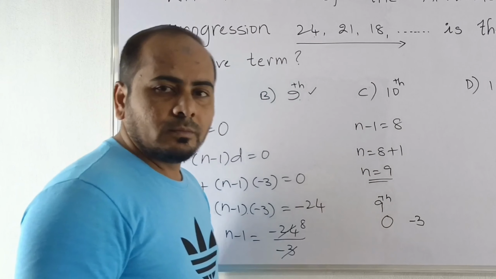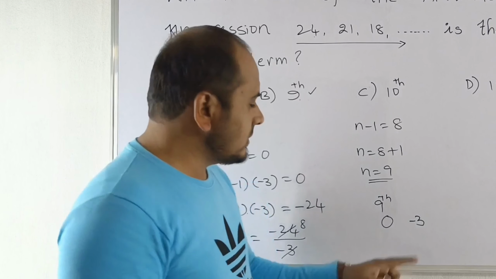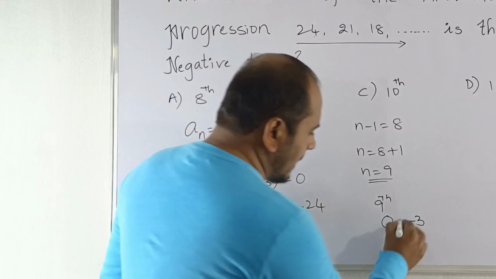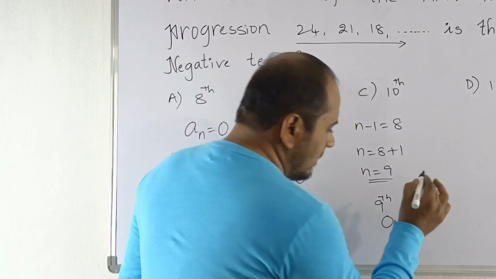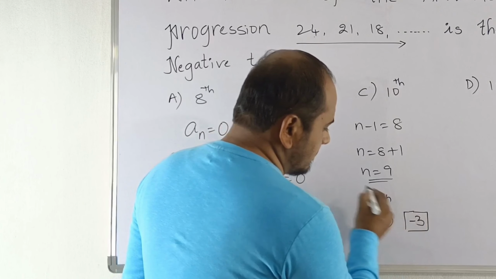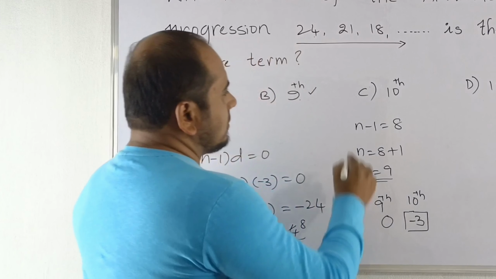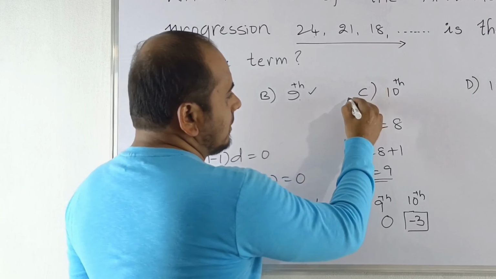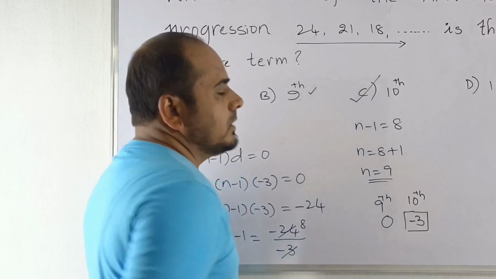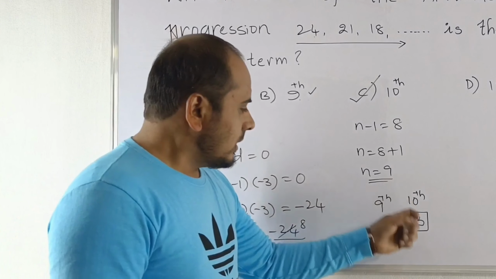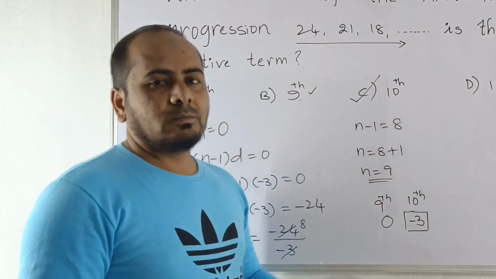As we have minus 3 as the common difference, the next term will become minus 3, which is the first negative term. So here it will be the 10th term. So first negative term of this progression is 10th term, that is minus 3. So 10th term is the right option.